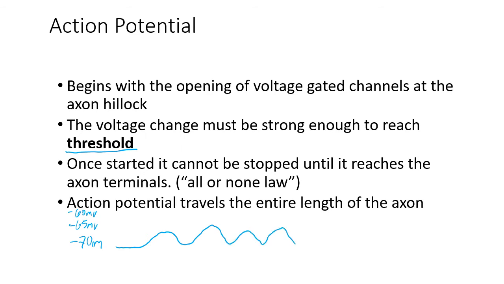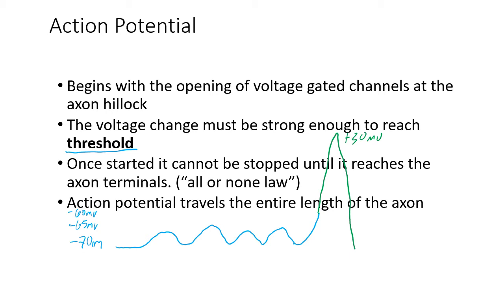These are all graded potentials. But once we get up to negative 60 millivolts, then we've reached threshold, and the process itself is going to go up all the way to a positive 30.